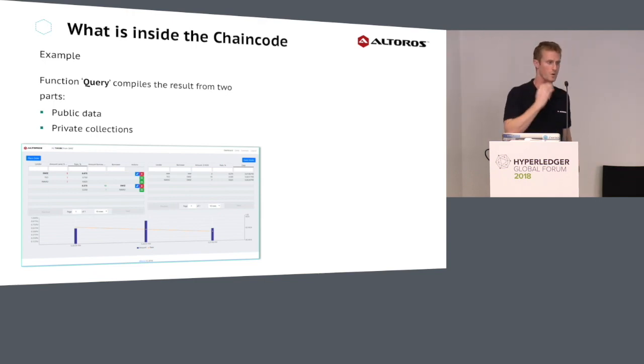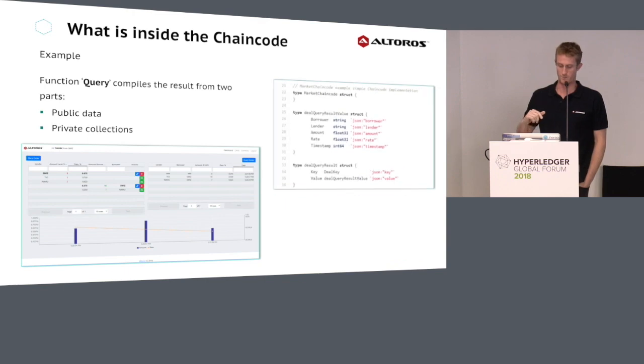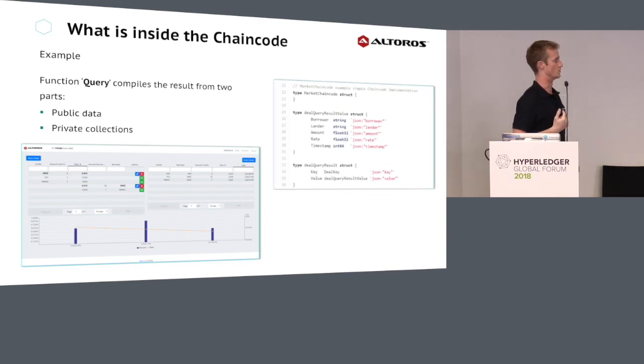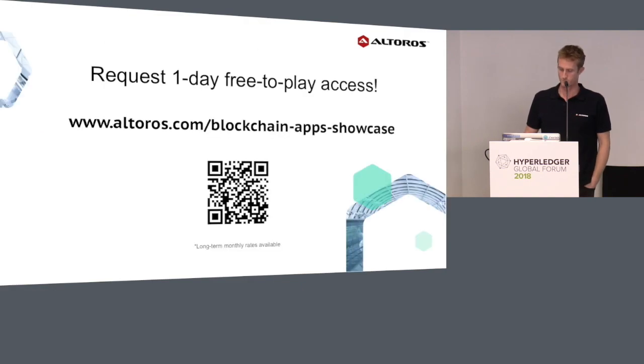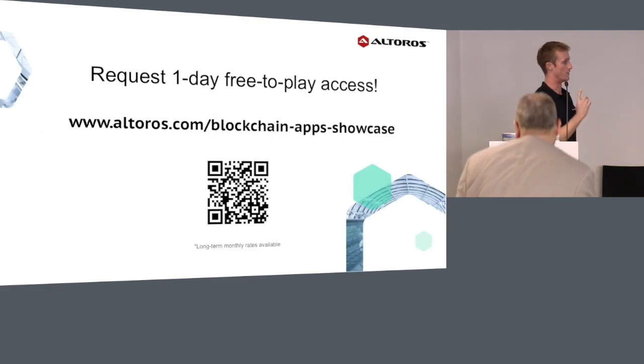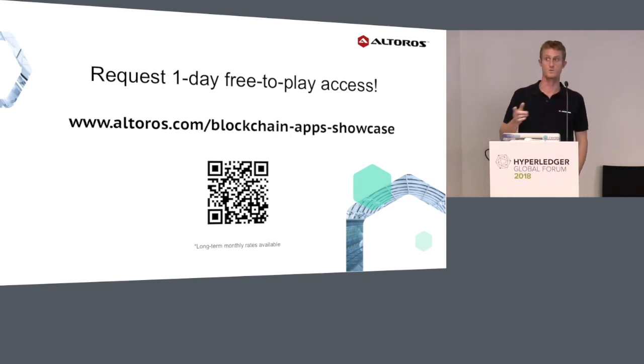As far as chaincode, we won't go super in depth given the time, but again, it utilizes private collections to query trade results as well as trade execution. We'll circle back, but if anybody wants to use the platform or try it out on a temporary basis, we have a website here, and you actually can access the platform itself.